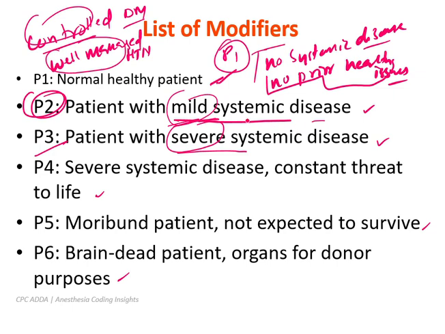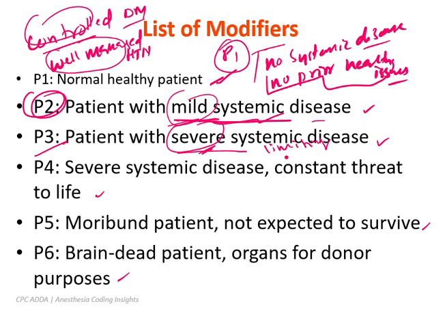In P2 the mild systemic disease does not limit daily activities, but in P3 it is severe and limits them, though it is not a threat to life. So in this case we use modifier P3.